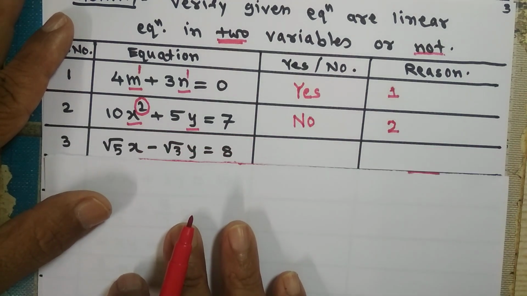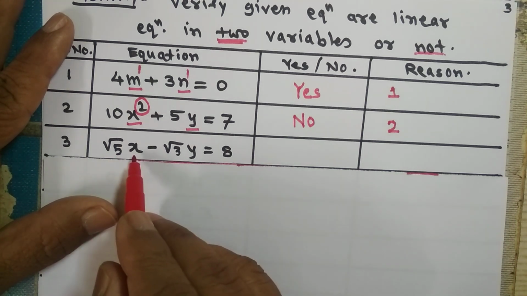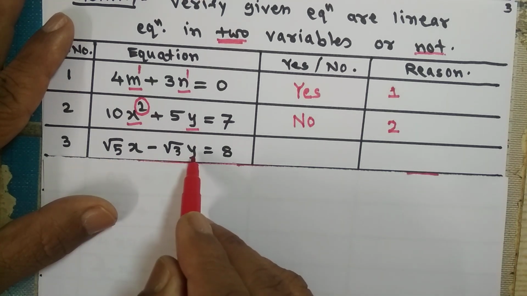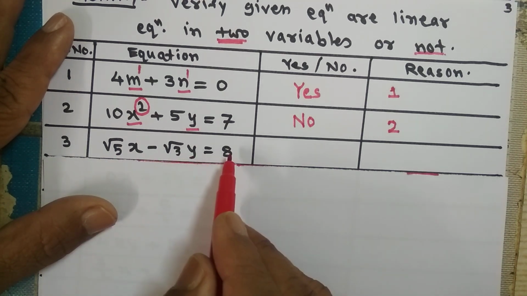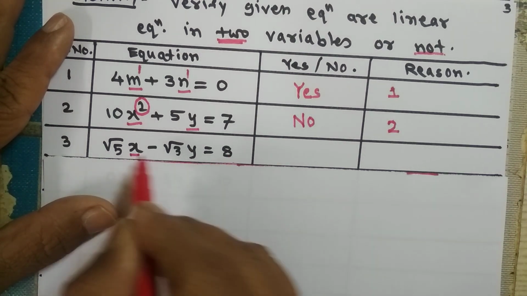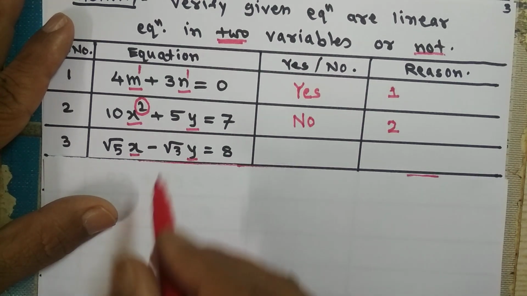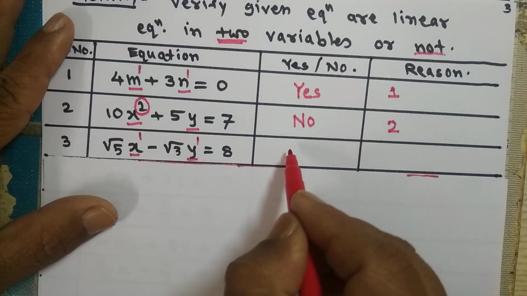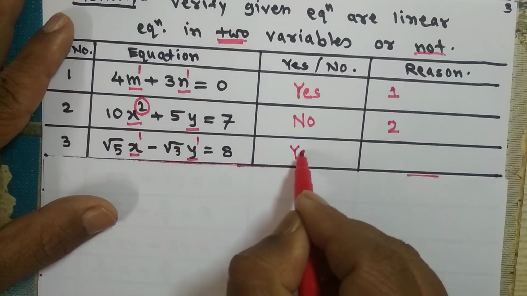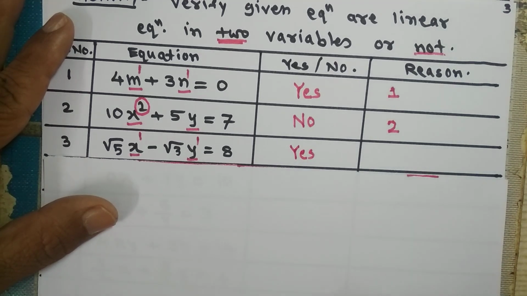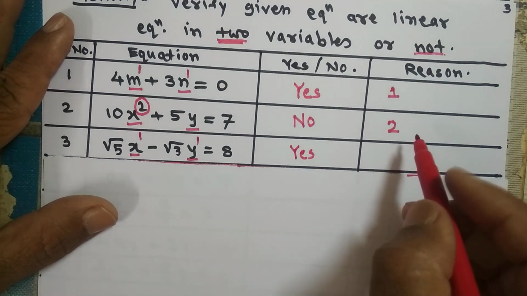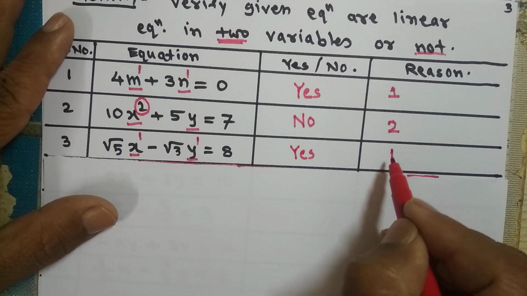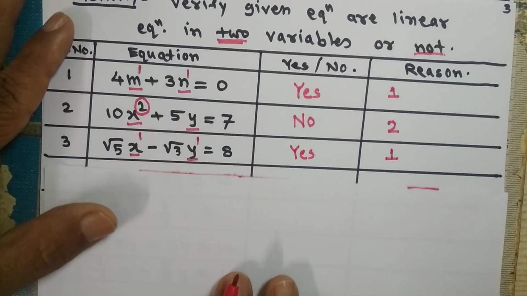Okay. Third equation, root 5x minus root 3y is equal to 0. X and y are two variables and degree of each term is 1. Therefore, this is linear equation in two variables. Degree will be 1 here.